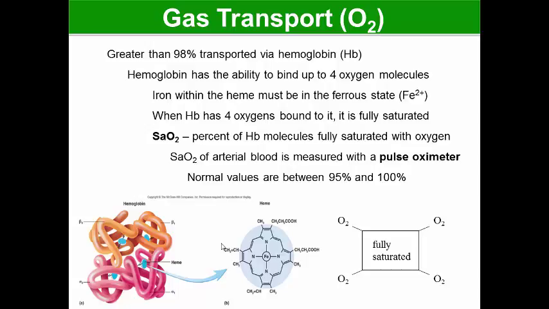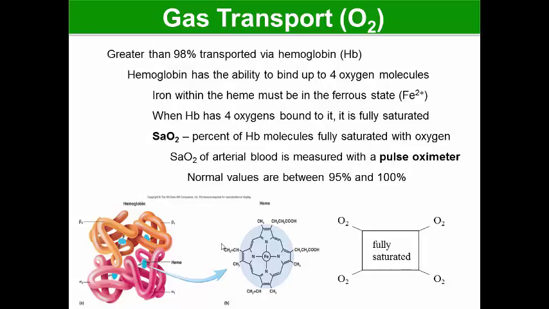Each molecule of hemoglobin, as you know, is composed of 4 polypeptide chains. We have 2 alpha chains and 2 beta chains in adult hemoglobin, and in each polypeptide chain there is a heme pocket. So each hemoglobin molecule has the ability to bind up to 4 oxygen molecules.